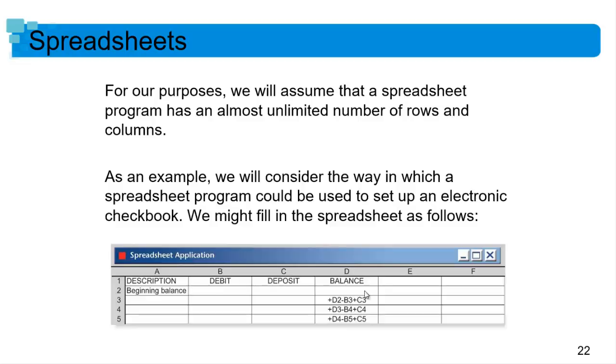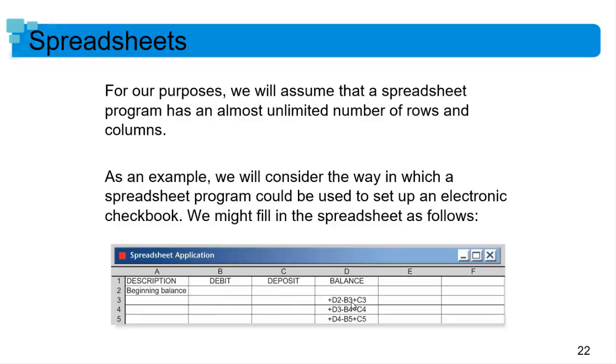And so you would define things this way, right? You start with whatever money is here, and then next month or next operation, your balance is going to be D2, which is this thing here, minus B3, minus this one, and then plus C3.